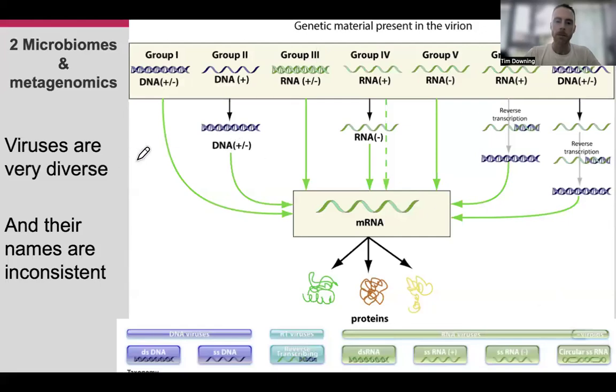So let's think about different viruses. Here is the Baltimore scheme, giving a sense of the DNA double-stranded, single-stranded, RNA double-stranded, single-stranded, segmented, and so on, retroviruses as well, and the different genome structures that these different viruses have, and how that therefore might impact viral metagenome approaches, from the lab-based approaches to computational ones.